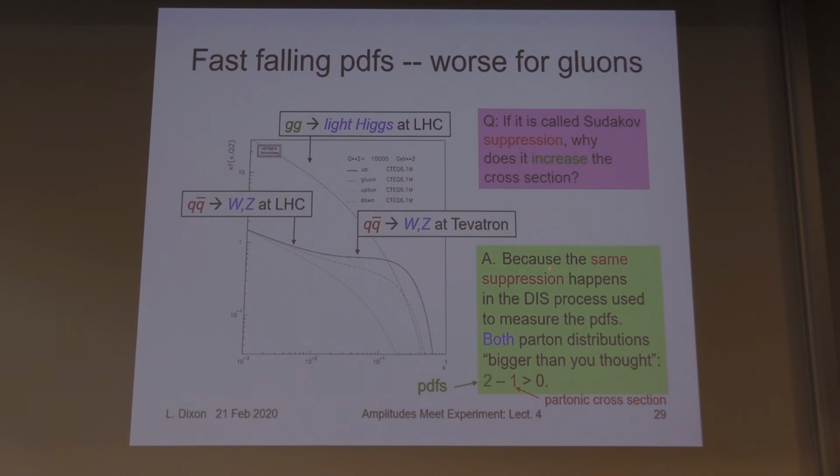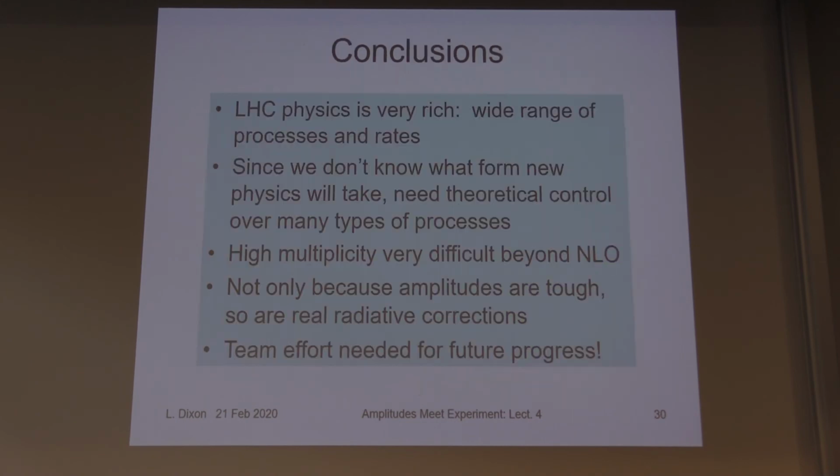And the answer is really that because the same suppression happens twice in the extraction of the parton distributions, there are large logarithms in defining the parton distributions, and they sort of go the opposite direction from the one from when you compute the partonic distribution in the Hadron Collider. So there's an opposite sign appearing.